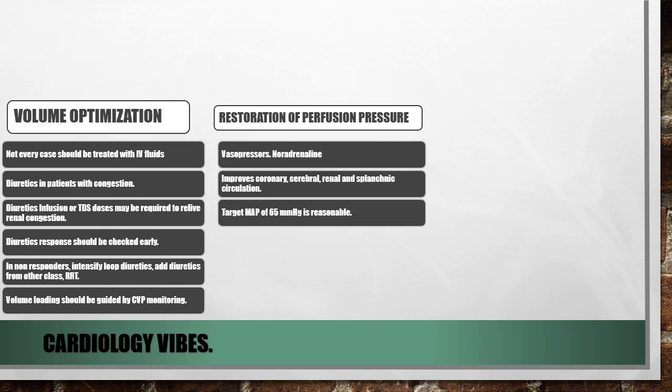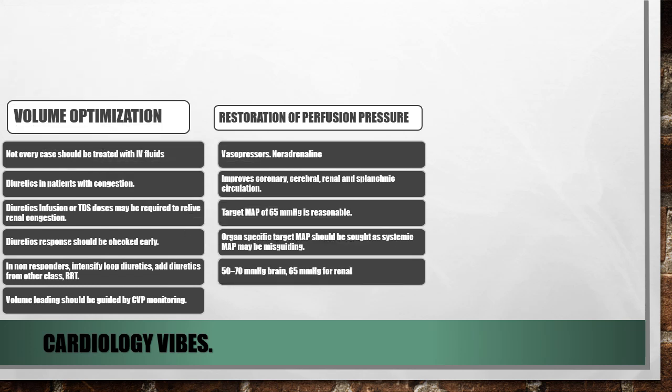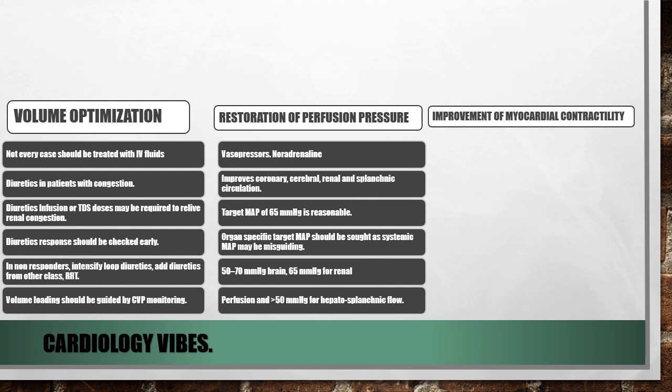A target mean arterial pressure of 65 mm Hg is reasonable, but sometimes we need to use organ-specific target mean arterial pressures, because the systemic mean arterial pressure may be misguiding, such as 50 to 70 mm of mercury for the brain, 65 mm of mercury for renal perfusion, and more than 50 mm of mercury for hepatosplanchnic flow.